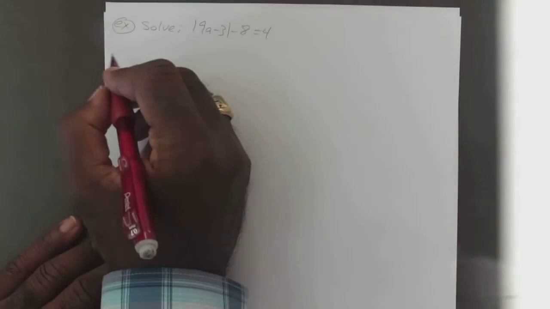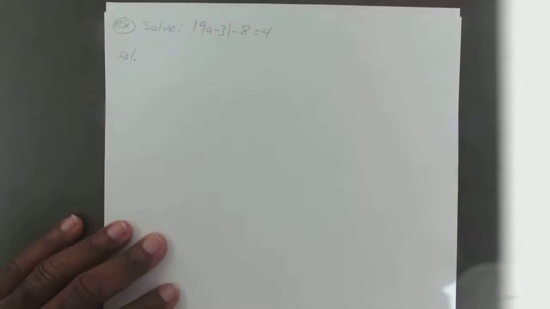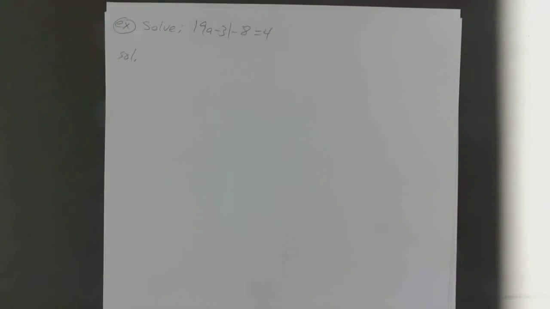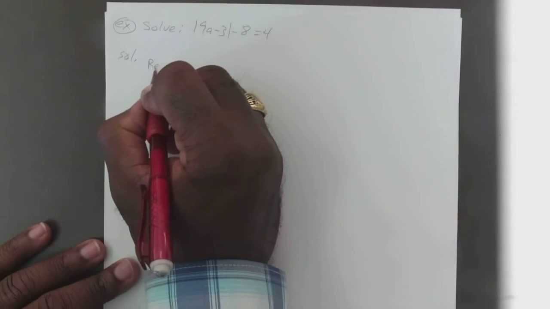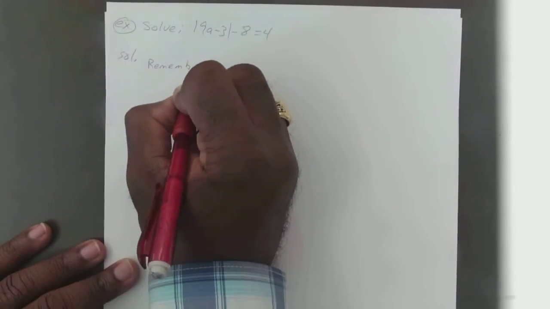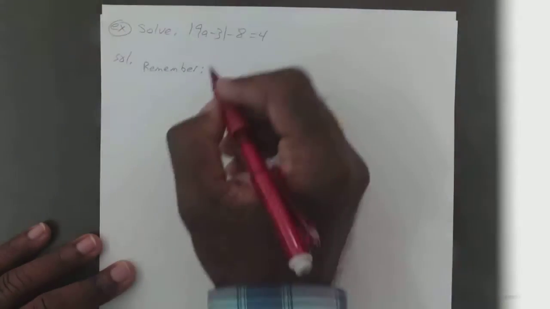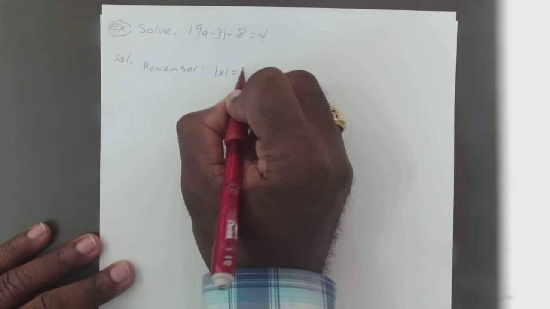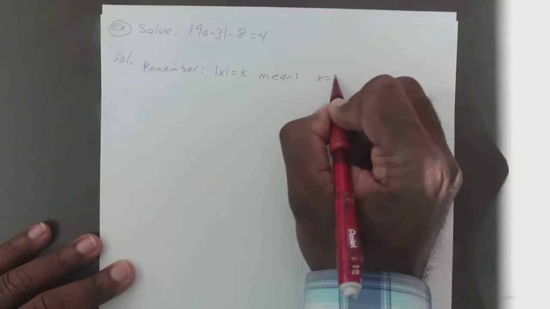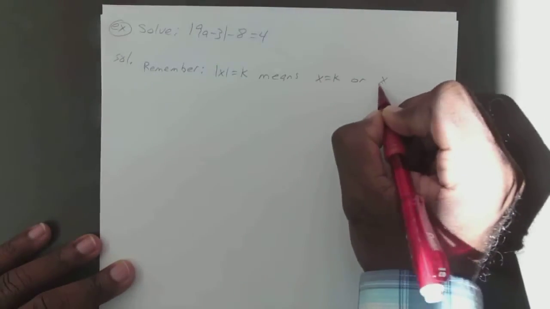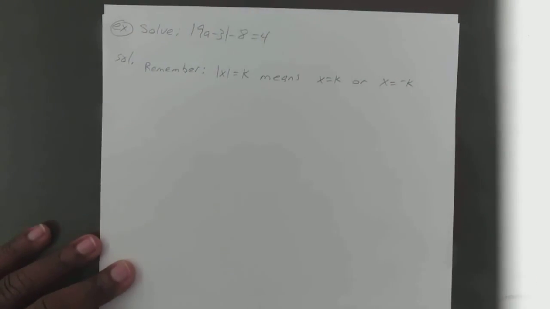Okay, so for the first one, solve the absolute value of 9a minus 3, minus 8 equals 4. Since you have your equal sign, remember the absolute value of x equals k means that x can equal k, or x can equal negative k.